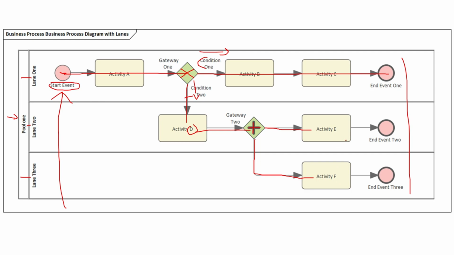Now here in this case, of course, activity E or F could be done quicker or slower. For example, activity F could be done while the process is still stuck in activity E, and as soon as activity E is done, then we arrive here, and only then the full process is done.